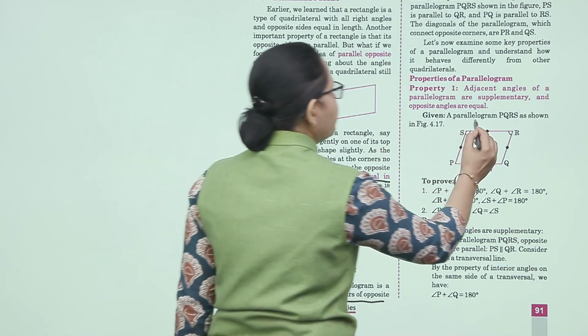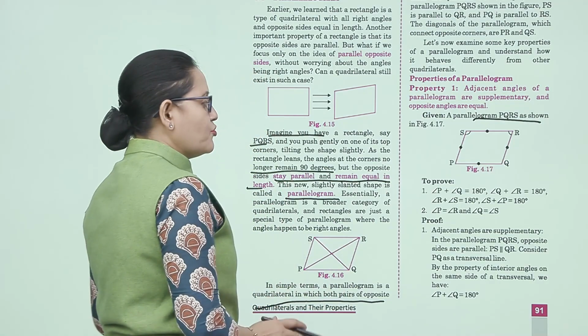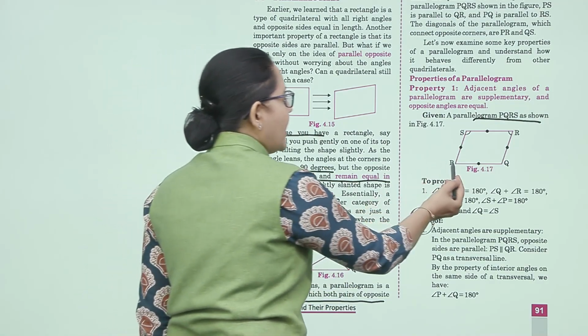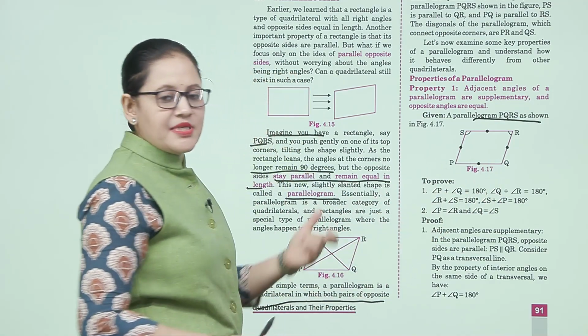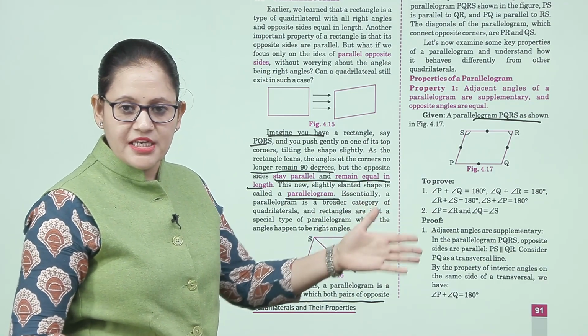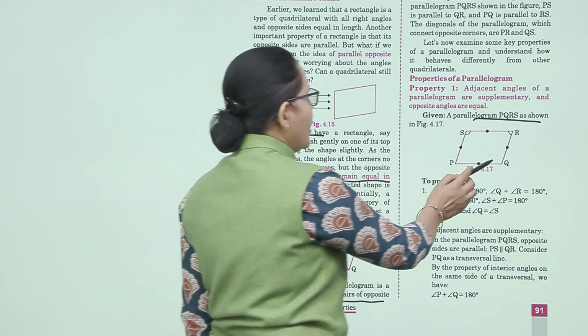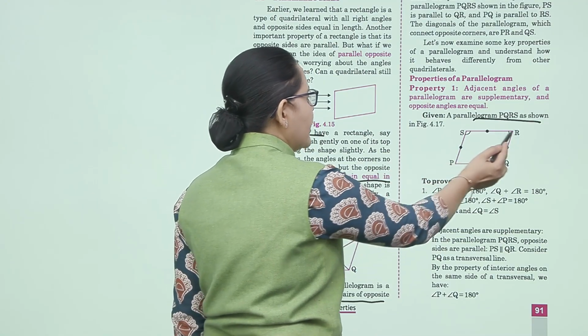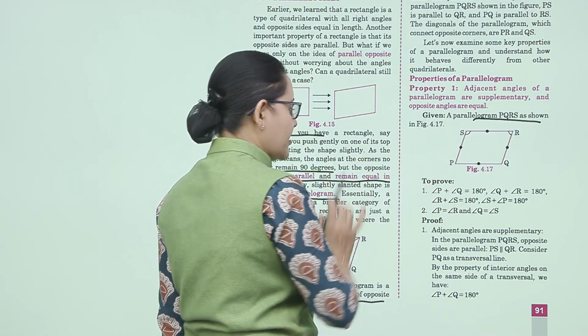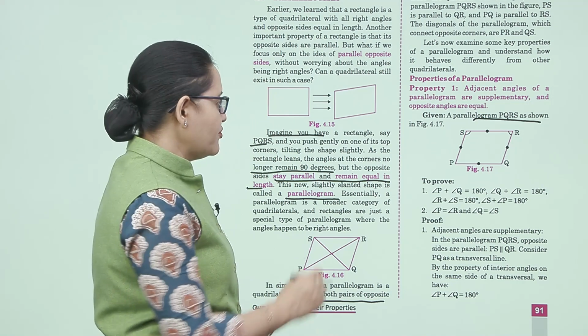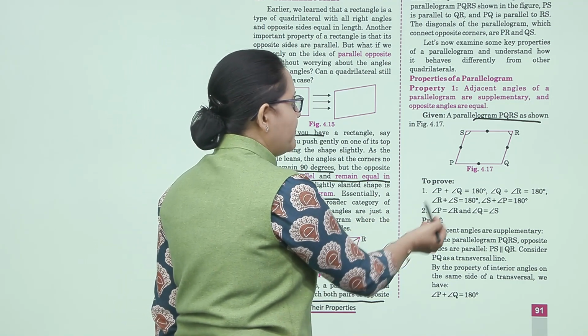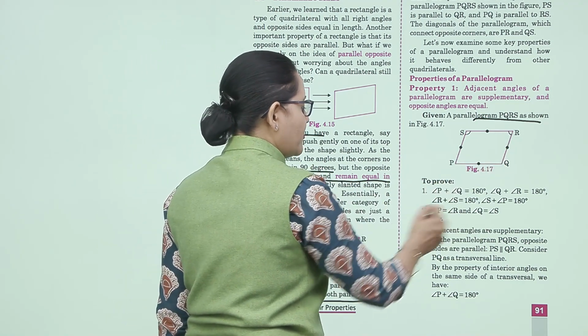We have to prove that adjacent angles P and Q are supplementary, meaning their sum is 180 degrees, and likewise Q and R, R and S, and S and P. We also have to prove that opposite angles are equal.